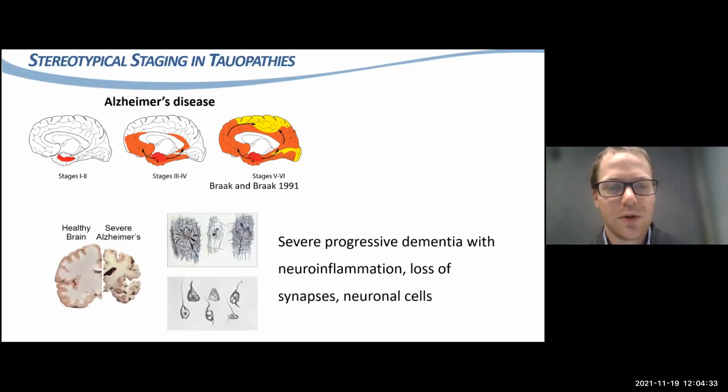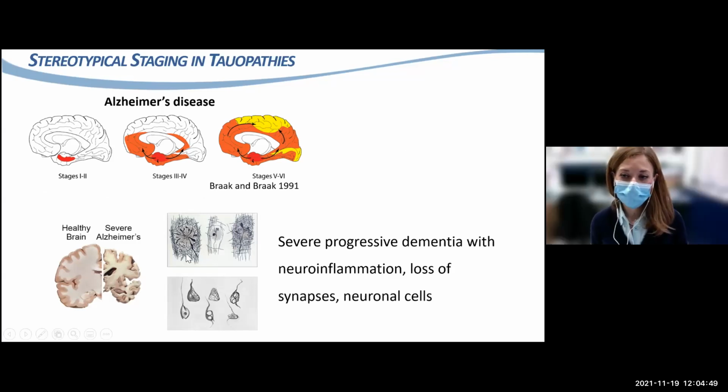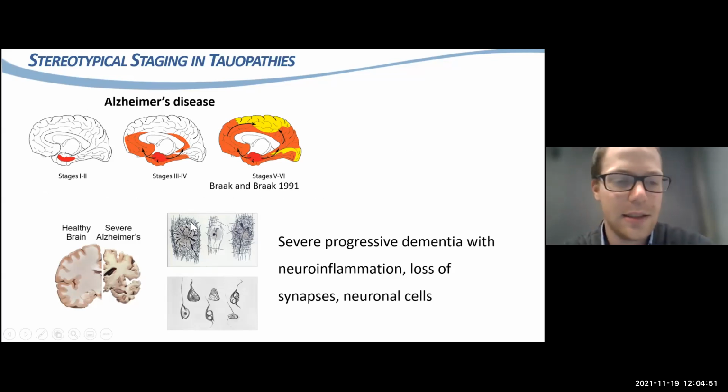As you all know, Alzheimer's disease is characterized by different histopathological findings in the brain. The best known of them are probably the appearance of amyloid beta plaques outside the cells, and the presence of neurofibrillary tangles, which were drawn here by Alzheimer himself in these first papers.